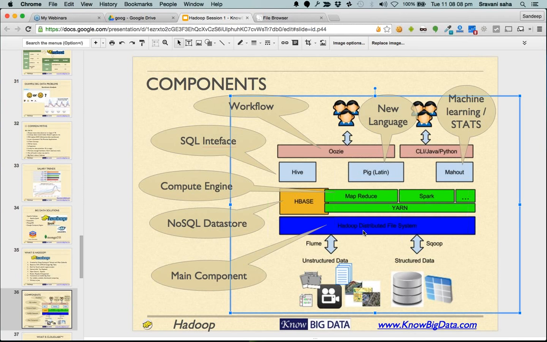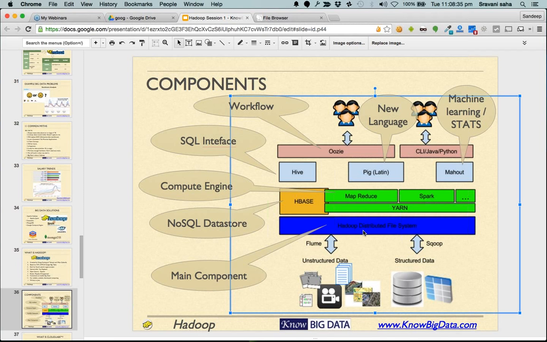It also has backup: if it's running on 5 computers and one computer dies, it is able to recover the data because it has multiple copies of the same data. It breaks down the files into small chunks and distributes them across the cluster, and whenever one machine dies, the data is replicated automatically.